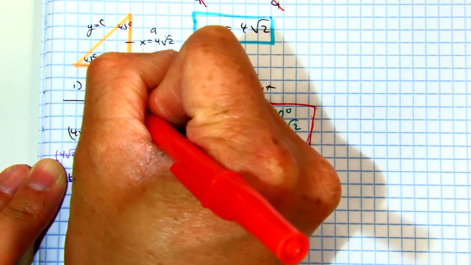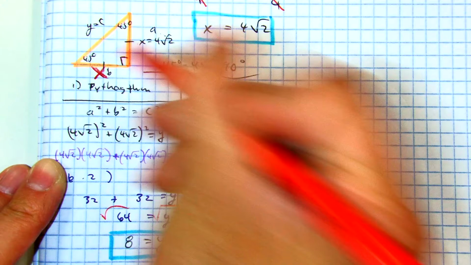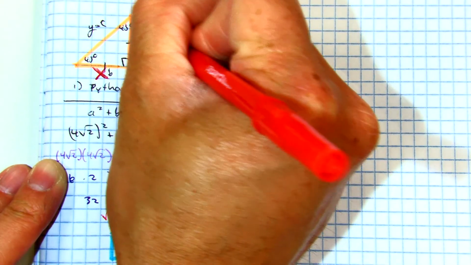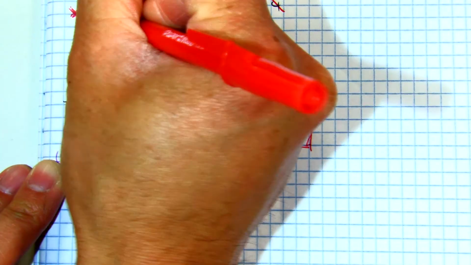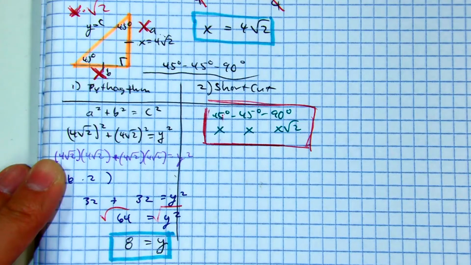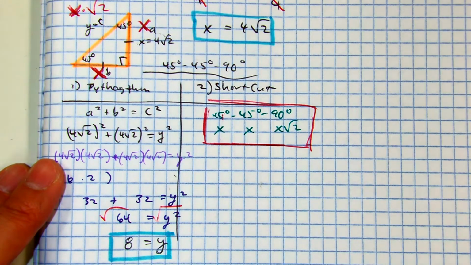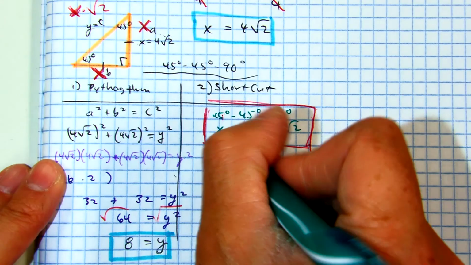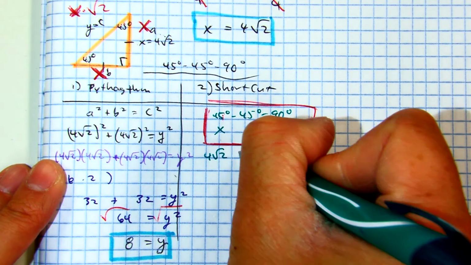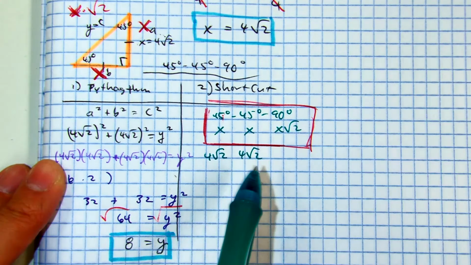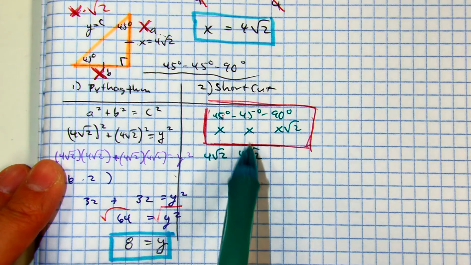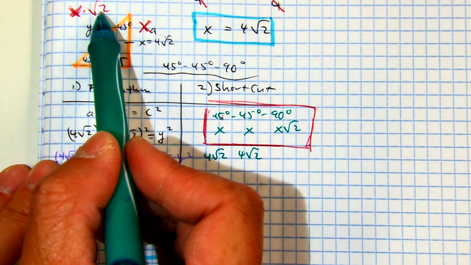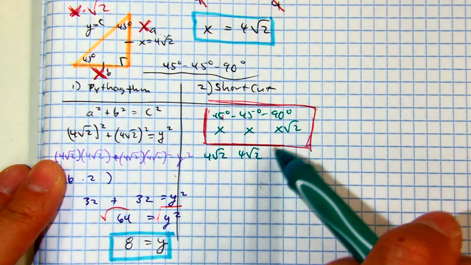So ignore the black. X, x, x radical 2. Well, I know one of the side lengths: x equals 4 radical 2. What does that mean? That means that for this side, x equals 4 radical 2, I just have to now multiply by radical 2 to get the 90 degrees.